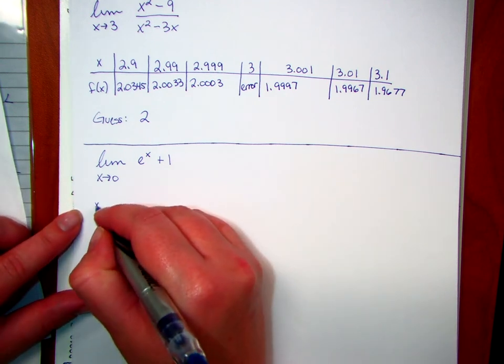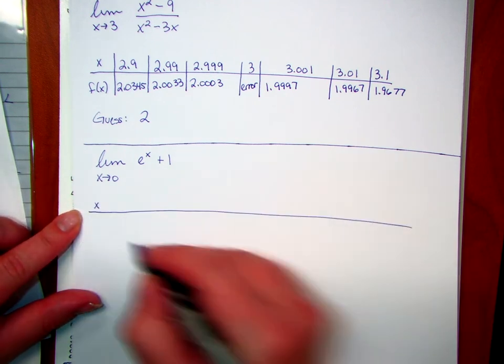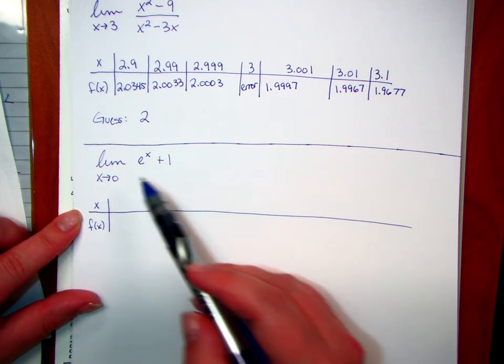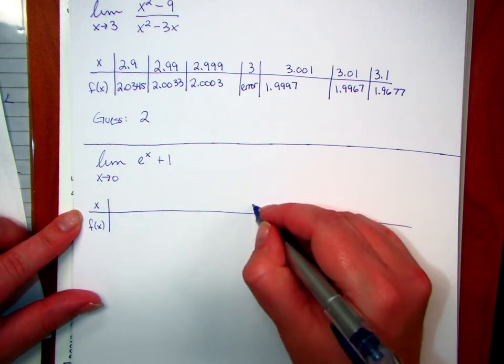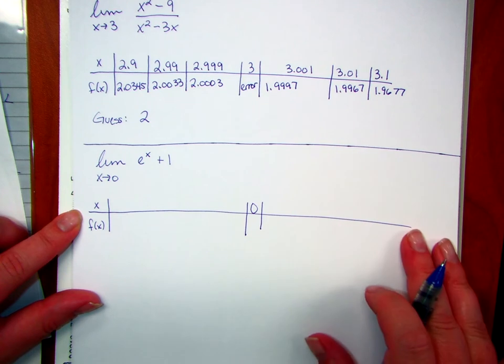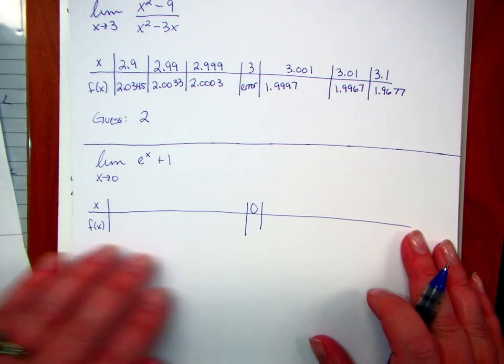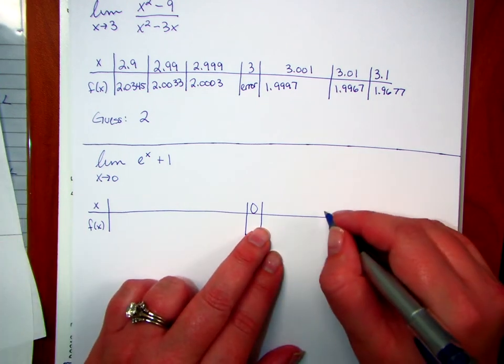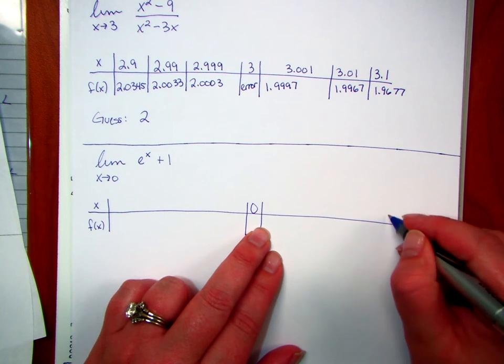So I'm going to build the table again. And since the limit is approaching 0, I'm going to put 0 in the middle. Now on the right, I want to pick numbers greater than 0, but still stay within a 10th, a 100th, a 1,000th, possibly 10,000ths. Right?